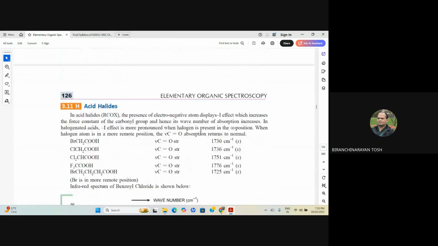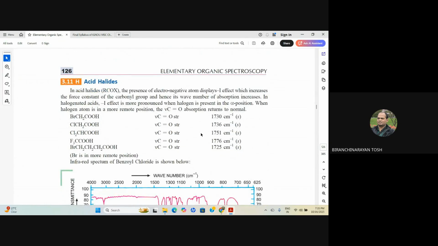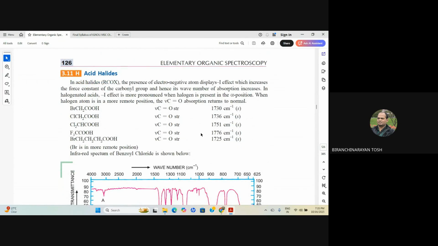Moving towards the acid halides: when halogens are attached to the alpha carbon atom, the C double bond O stretching vibration moves upward. If the electronegativity increases, the absorption frequency increases. So if bromine is there, it is 1730.